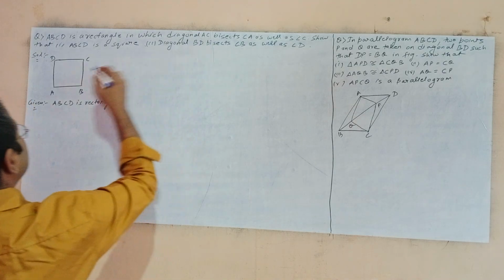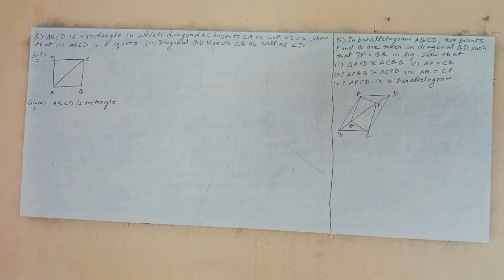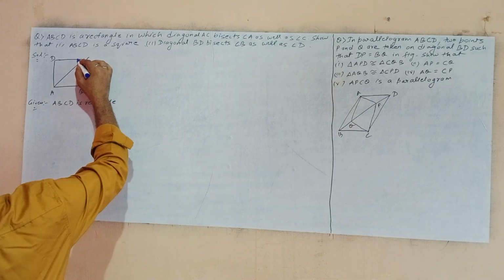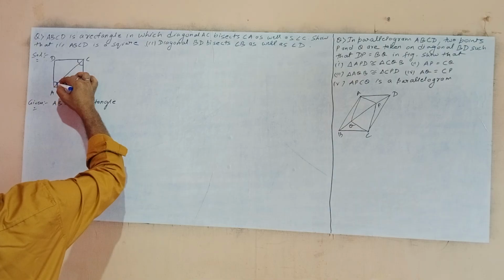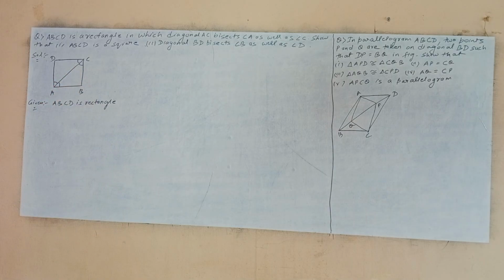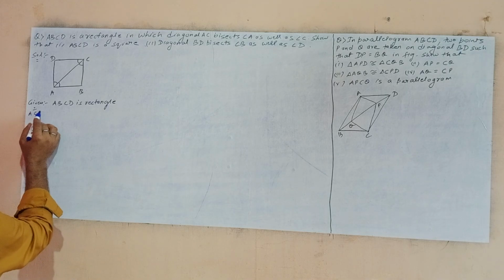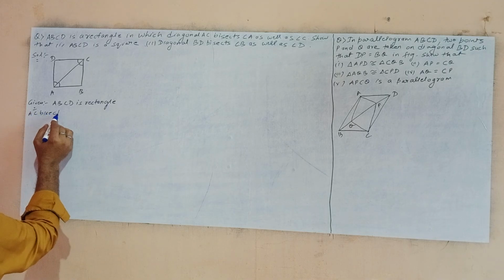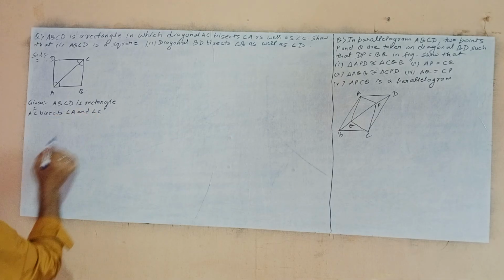Now make diagonal AC, which bisects angle A as well as angle C. This angle is equal to this angle and this angle is equal to this angle. So here write: AC bisects angle A and angle C.